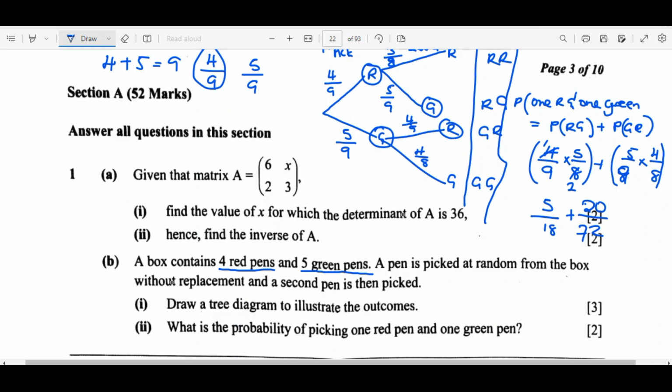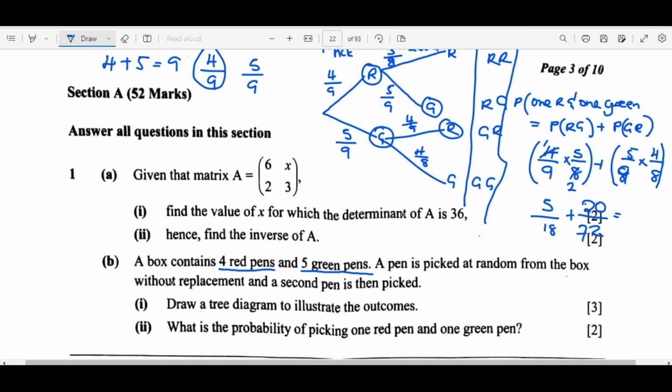Then we can reduce, finding the lowest common denominator.